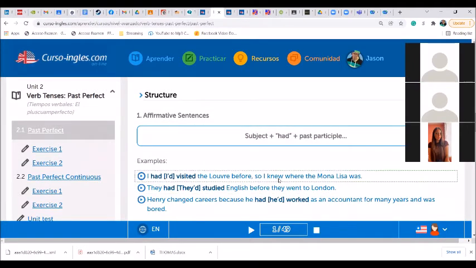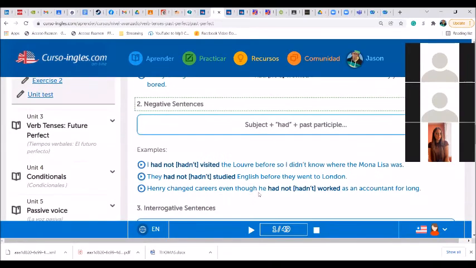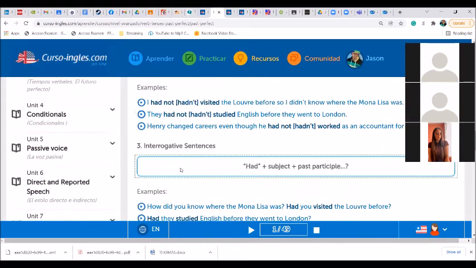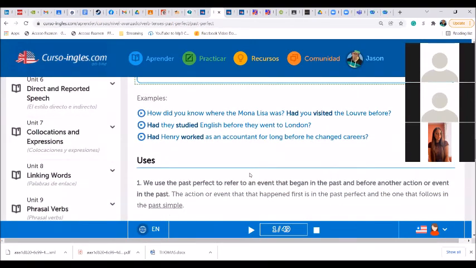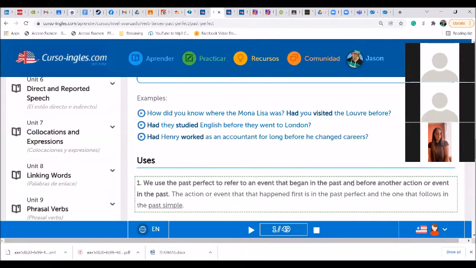So you'll have a simple past action, and the action before it is the past perfect action. Right? And you will notice those two have that connection. Right? And that's the structure also in the negative form with the addition of not. When you ask questions, you also put the had at the beginning. Why? Well, let's look at when we use it.